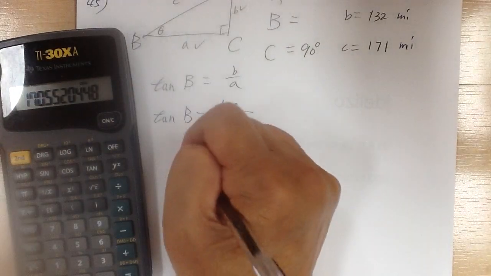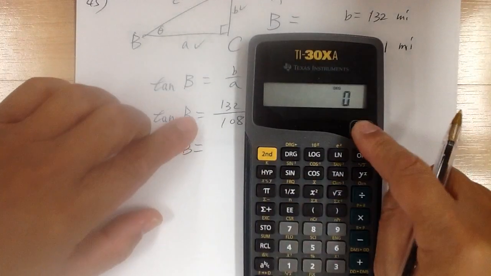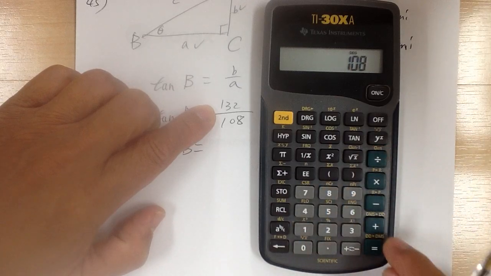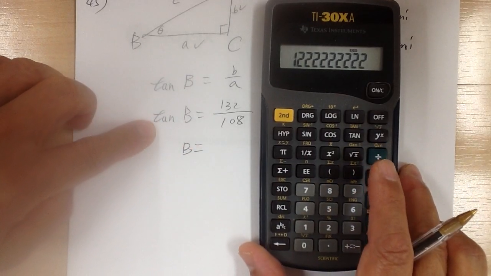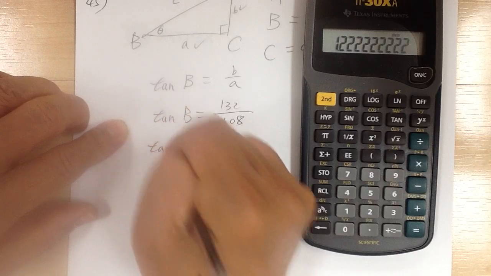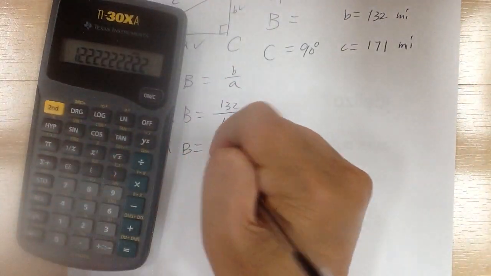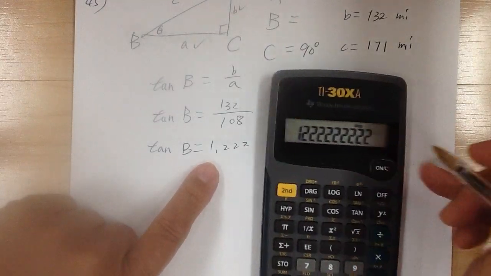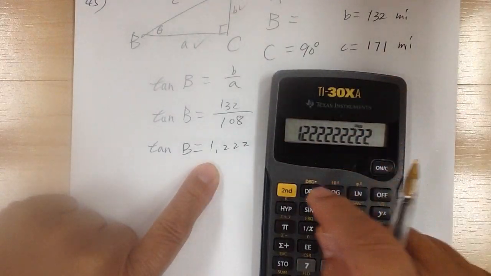And then from here I can go and find the angle already. To find the angle first, I get 132 divided by 108. Now push equal. So tangent B equal to 1.222. And now without clearing, you just go second tangent of that.